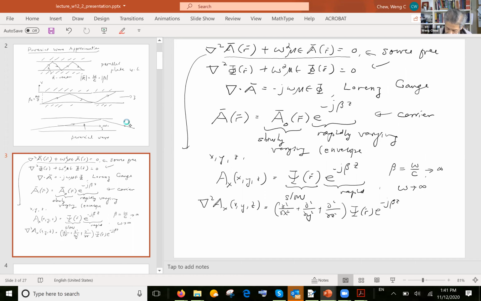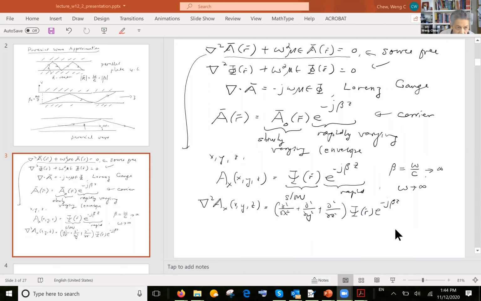Sorry, I guess it stopped sharing after I got locked out. So one of these is going to be slowly varying, the other one rapidly varying. Let me focus on the second derivative in z first, and then worry about the others later on.